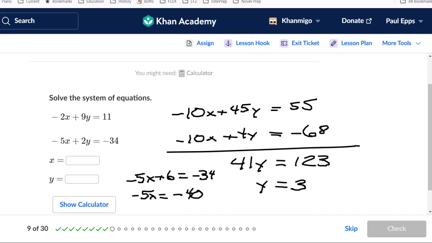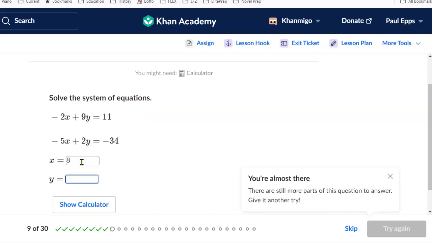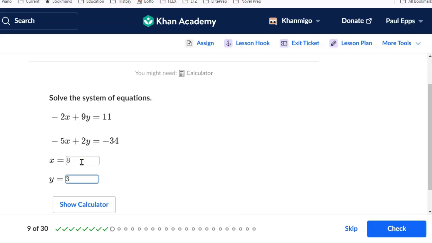Okay. X equals 8. Y equals 3. And I've got to turn off the drawing. X is 8. Y is 3.